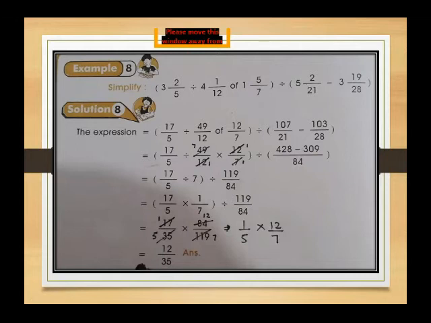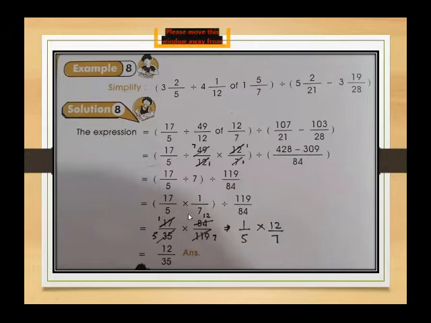So the remaining terms are 17 upon 5 divided by 7. The division is copied as it is, and when you subtract 428 by 309, you get 119 upon 84.